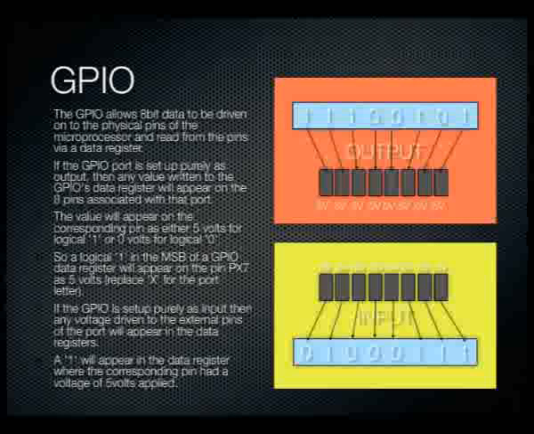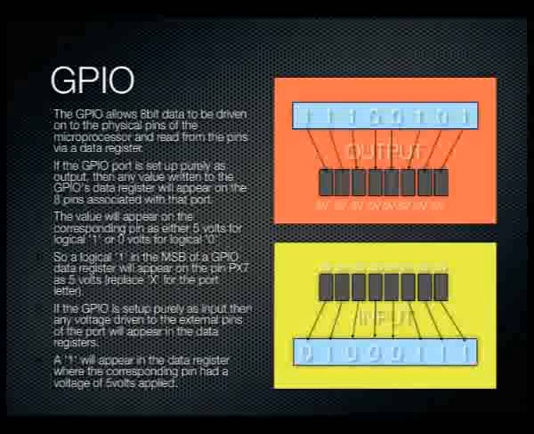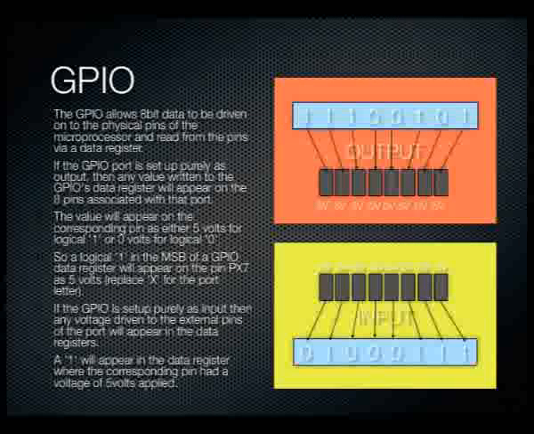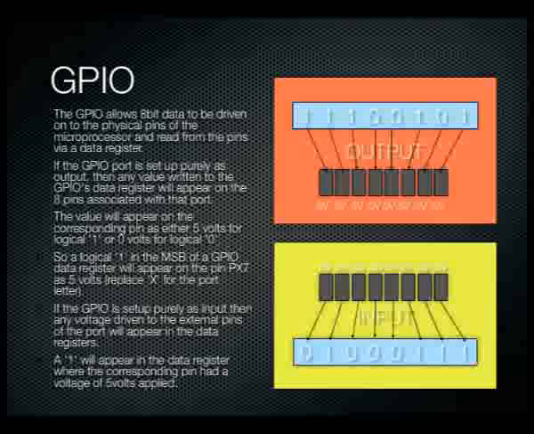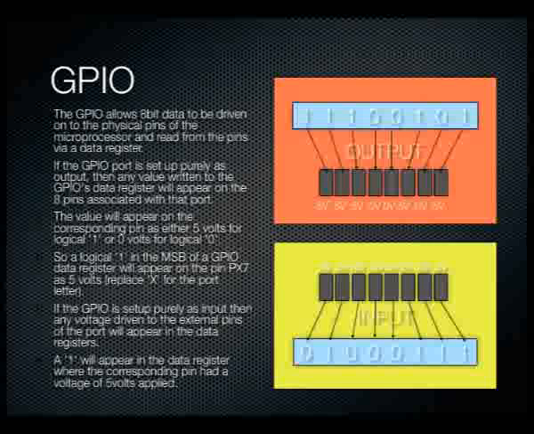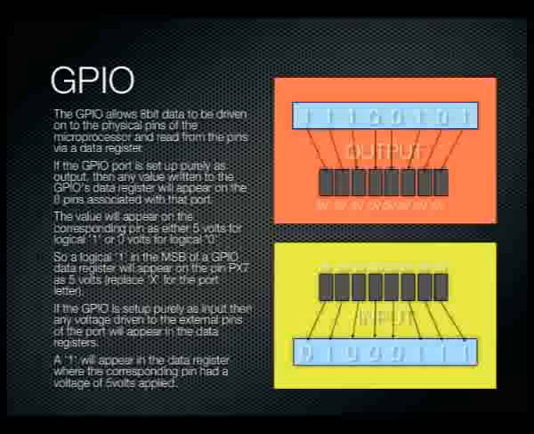The least significant bit of the orange example would be PA0, so that 1 would drive a value out to the physical pin called PA0. So you get 5 volts on PA0. The actual bit locations are directly mapped to the physical pins of that particular port.